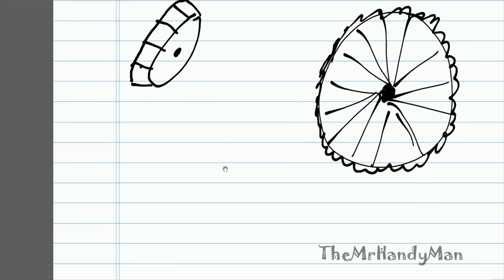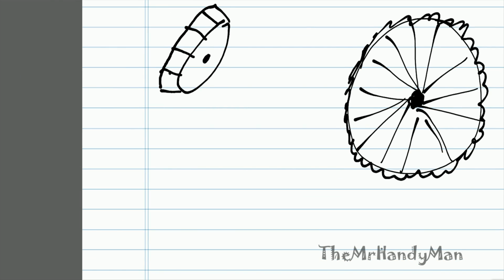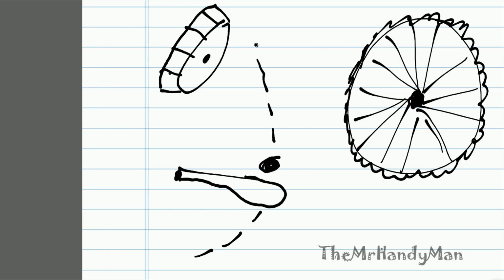Another time, let me think of another time when it might be appropriate. You could think about a baseball bat. Here's the handle, and then you have the big bat right here, and it's swinging this way to hit a ball, which is going to go in some direction.